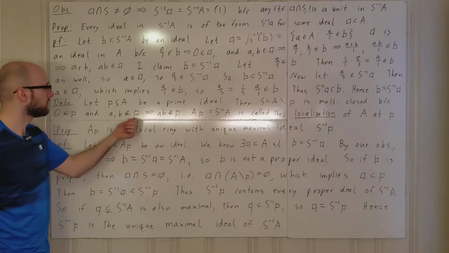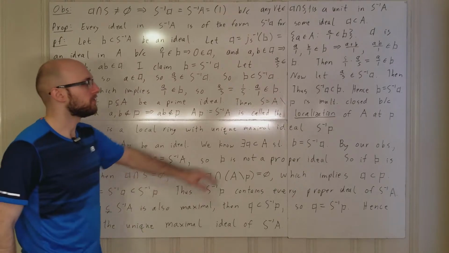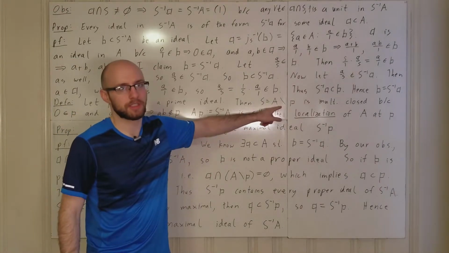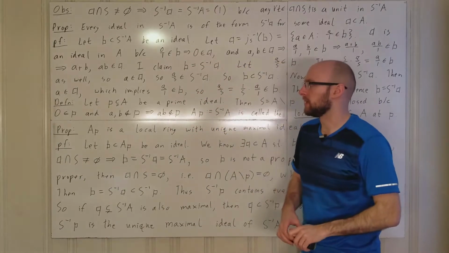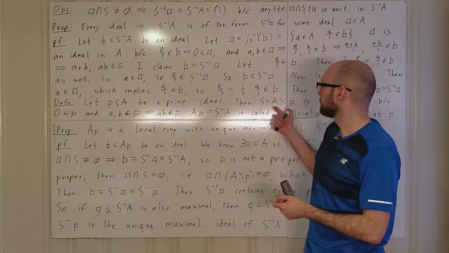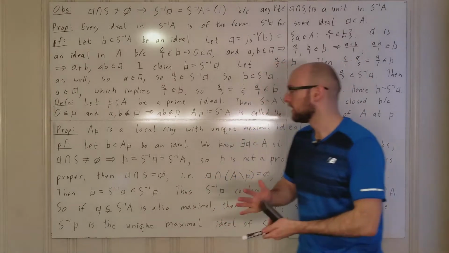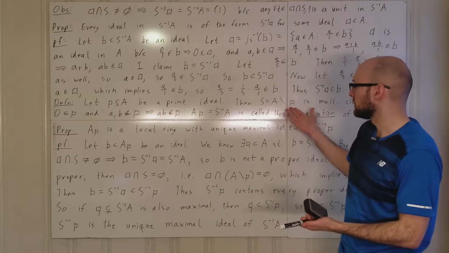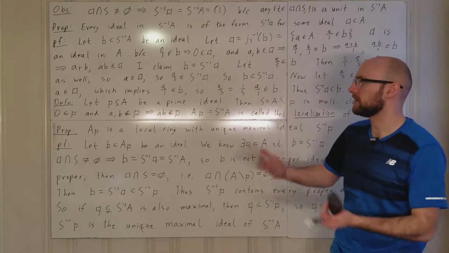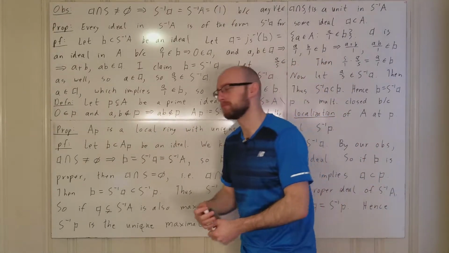If a and b are not in P, then a times b is not in P as well. So if you've got two elements in here, their product is not in here. It's almost like this was built to be used for this, because this set A minus P works very naturally, since you're using the definition of a prime ideal very nicely here.